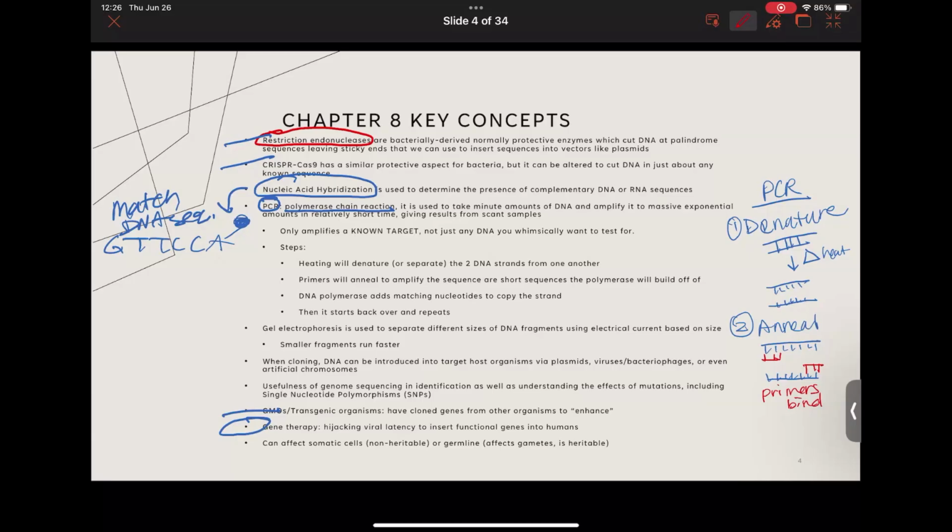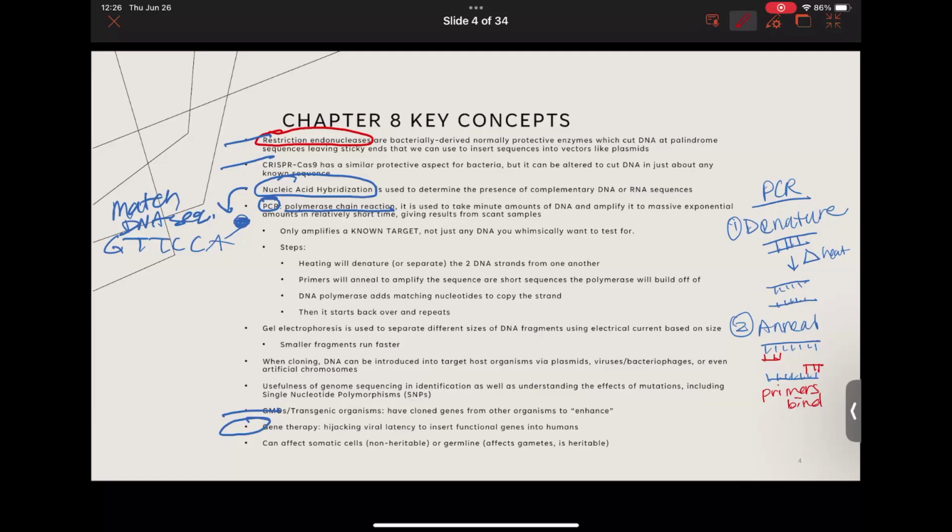But if your patient has something else, flu, cold, RSV, right? There's no COVID gene for the primer to bind to, so it won't bind and you can't build off of it. So that's how PCR works.